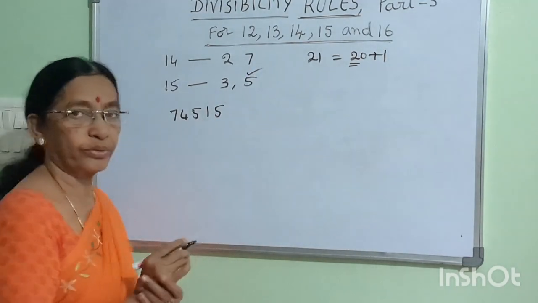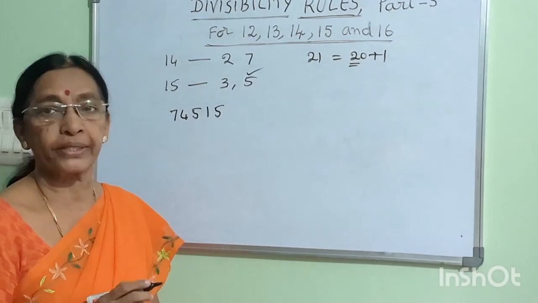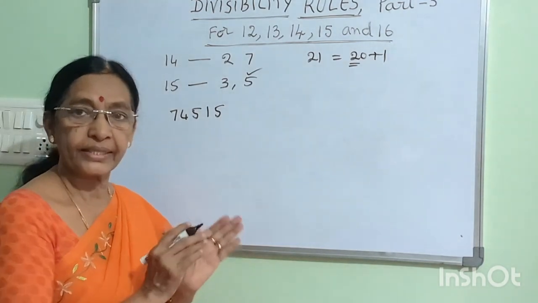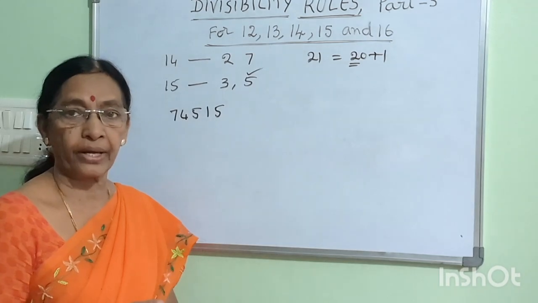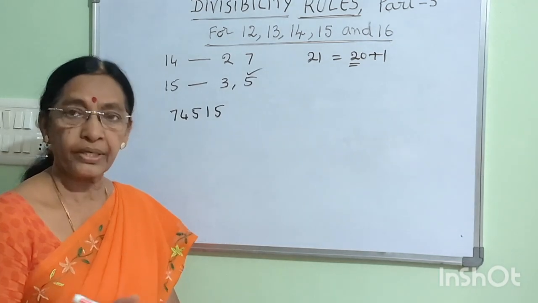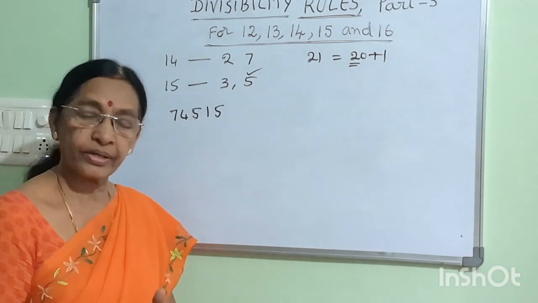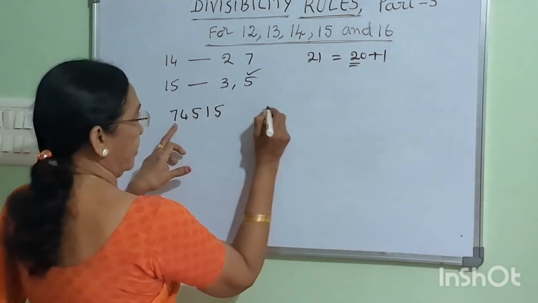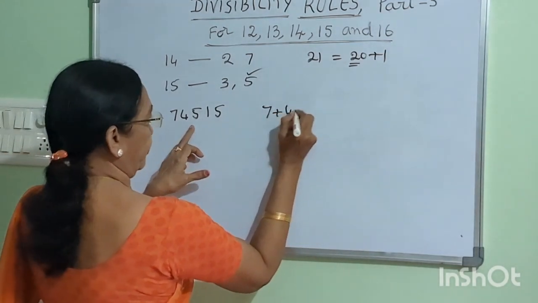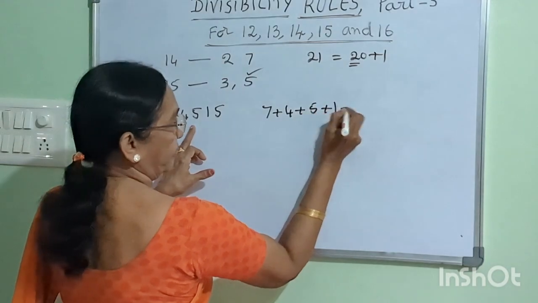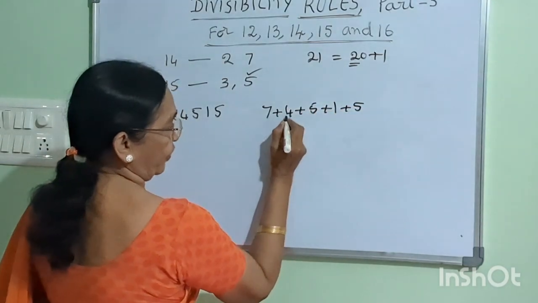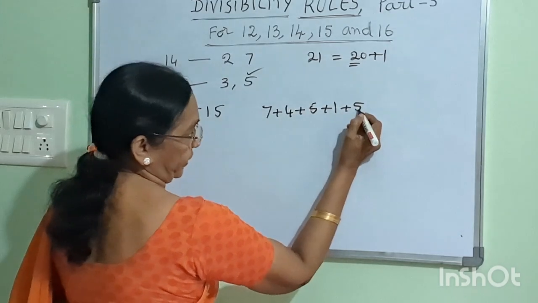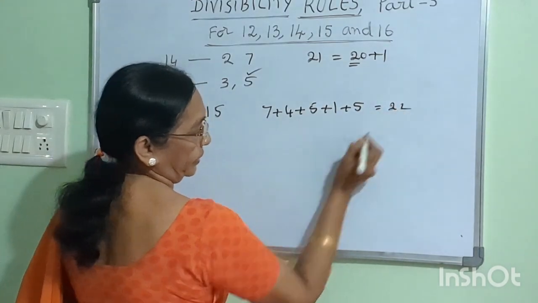Now we have to see whether it is divisible by 3 or not. The divisibility rule for 3 is that the sum of the digits in the number must be a multiple of 3, or divisible by 3. The sum of the digits is 7 plus 4 plus 5 plus 1 plus 5. 7 plus 4 is 11, 16, 17, 22.